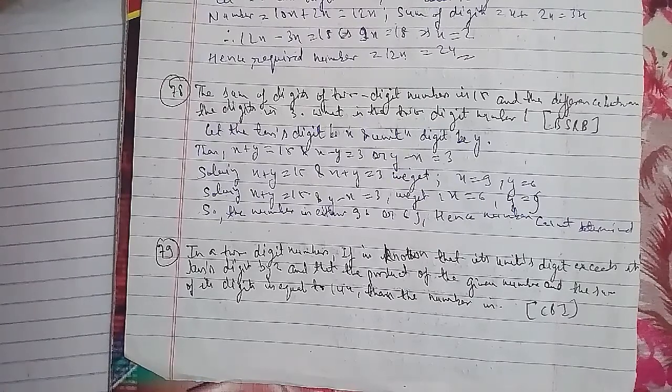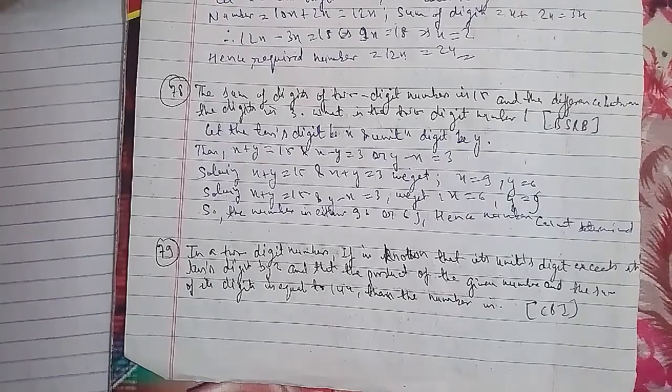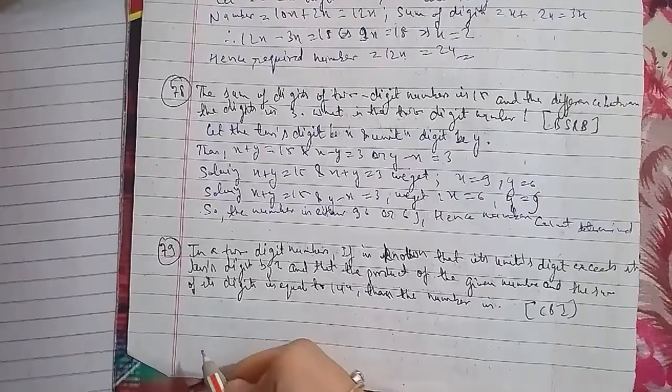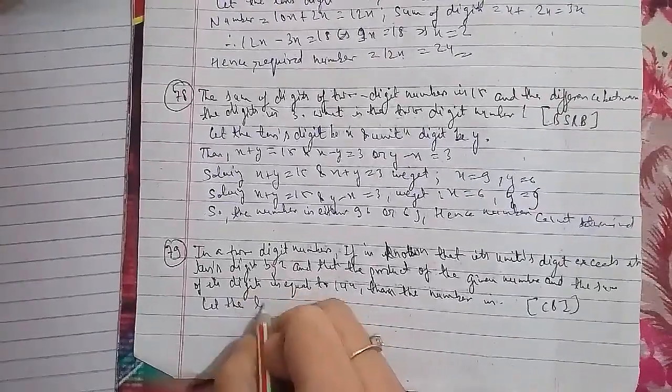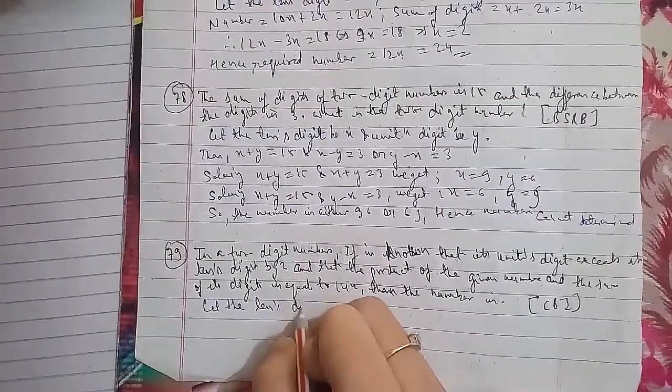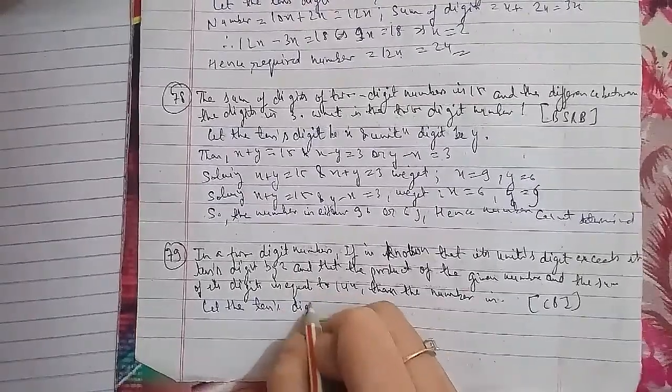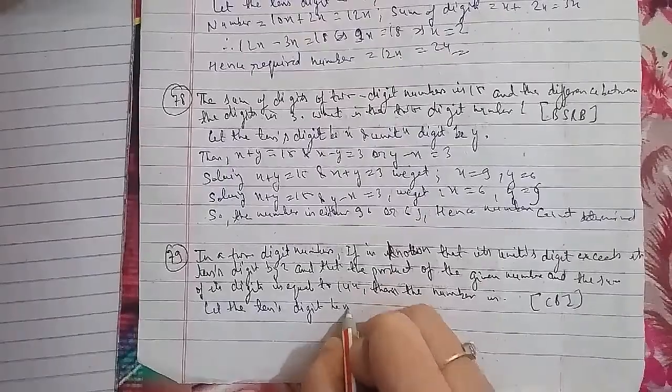So number equals 10x plus x plus 2, equals 11x plus 2. Sum of digits equals x plus x plus 2, equals 2x plus 2.